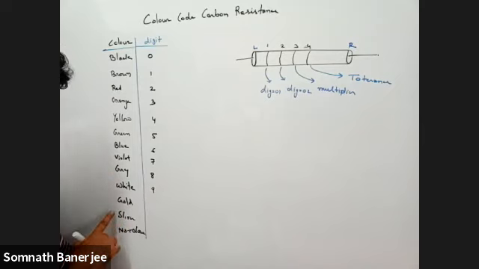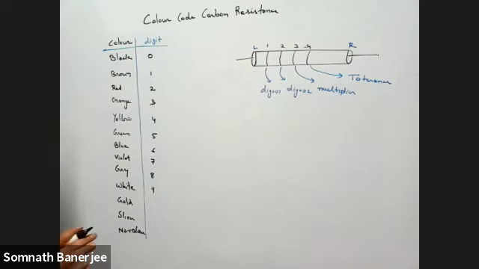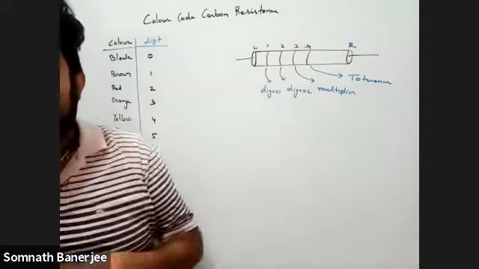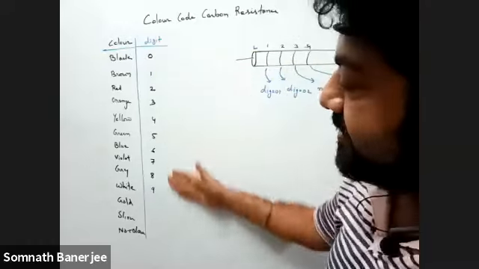Now gold, silver, no color. So the digit is 0 to 9. You have these 10 digits.